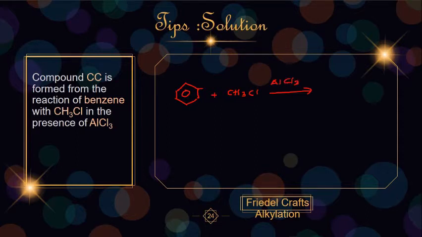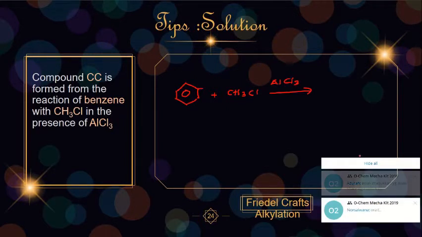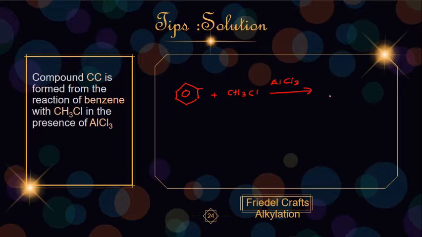Okay, this is Friedel-Crafts alkylation because we use alkyl halide and we use the Friedel-Crafts catalyst. So what you can get from here, you substitute one of the hydrogen here with CH3. So you can get alkyl benzene plus HCl.